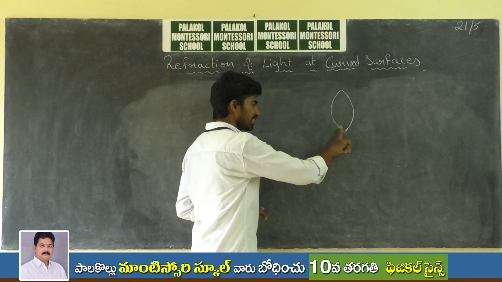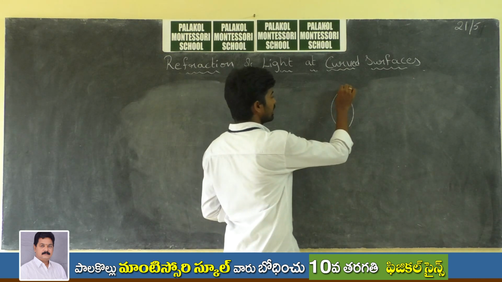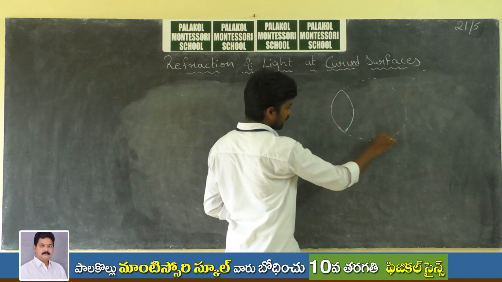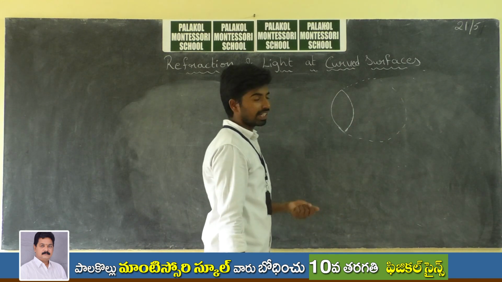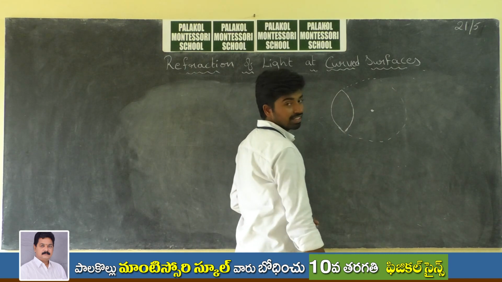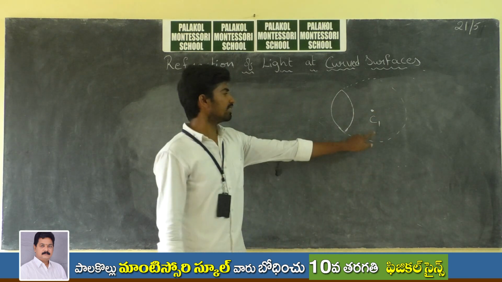The first surface is a spherical curved surface, which is a part of a sphere. The center of that sphere is called the center of curvature, and I denote it as C1.